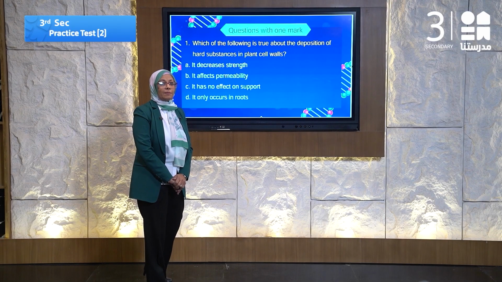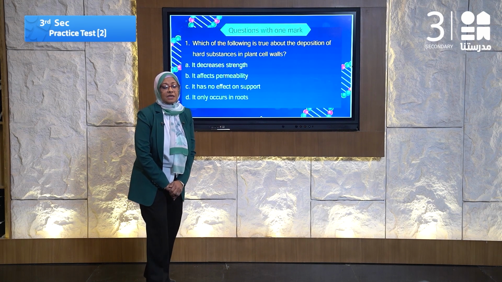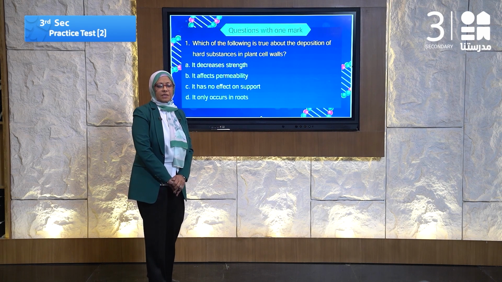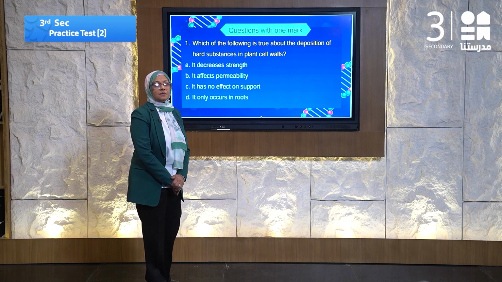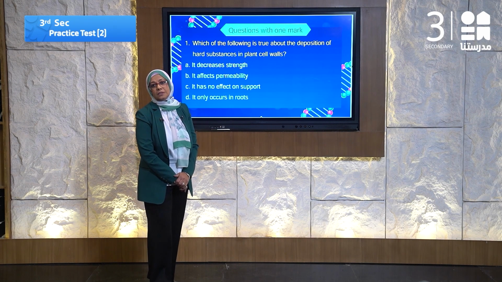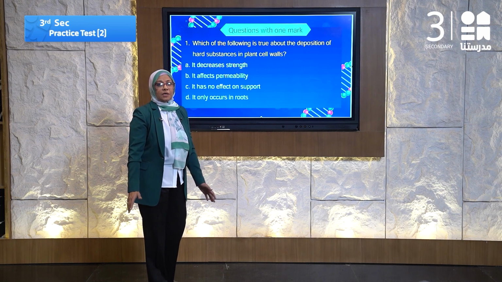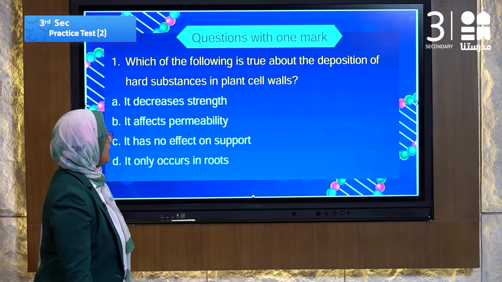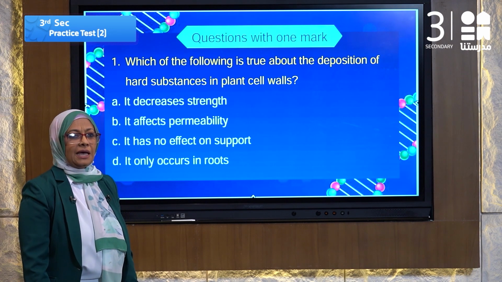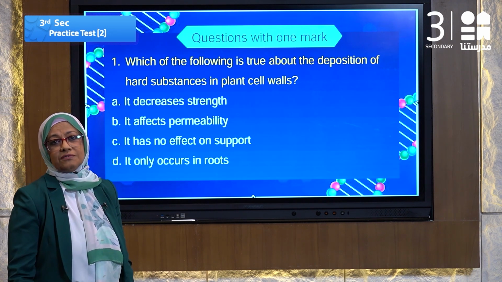The deposition in the plant cell has many substances which can divide the cell of the plant into 3 main types. The first one is impermeable, the second one is semi-permeable, and the third one is permeable. The impermeable is how the cell protects itself and cannot permit anything to enter or leave the cell.